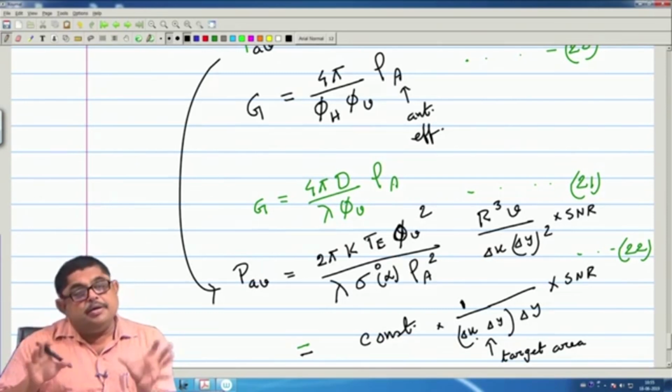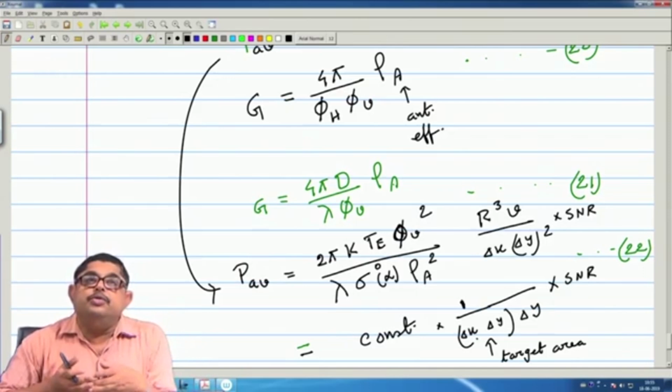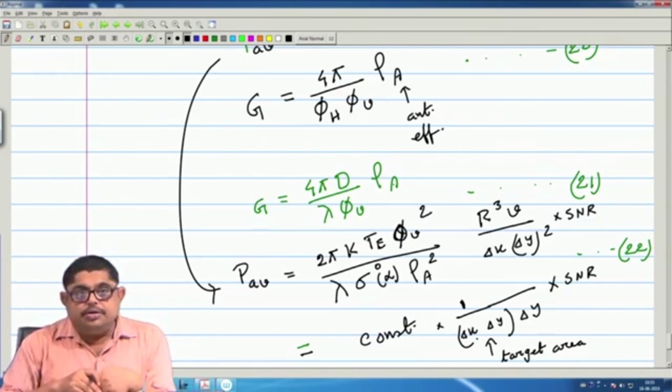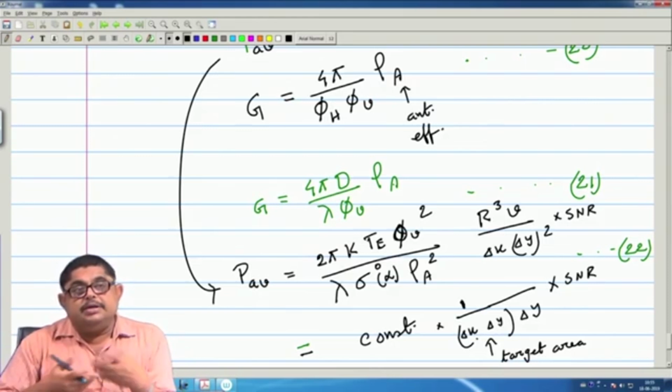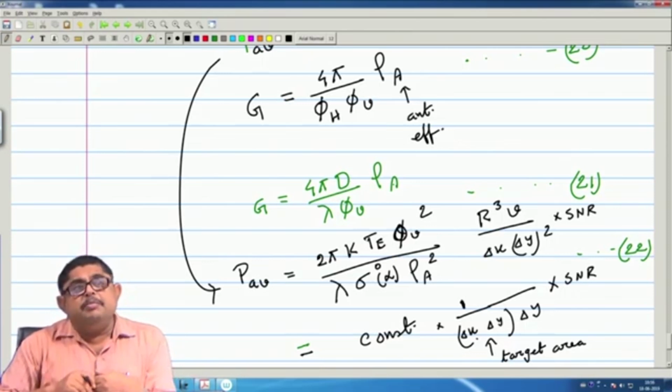Please mind it. So, as an engineer's choice, you will have to decide what your resolution will be. So, do not expect that cross range resolution will be as fine as a millimeter, etc. For ground mapping or earth mapping that is not required, but nowadays it is getting required for earthquake prediction.